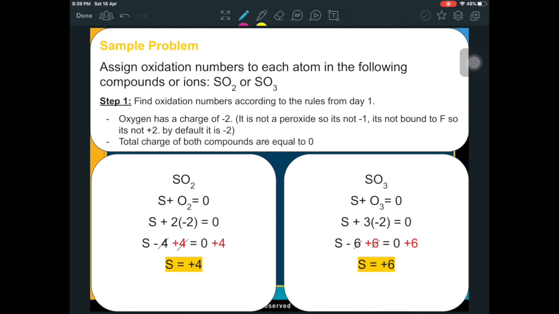This one, sulfur has an oxidation number of +4, which means we're going to get sulfur 4 oxide. And here we're going to get sulfur 6 oxide, right? No need to indicate how many oxygens there are, it's just given.